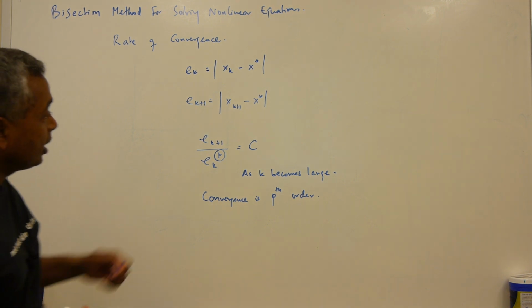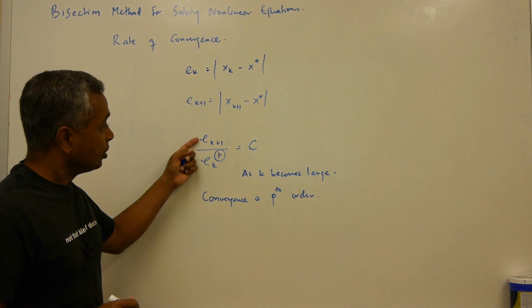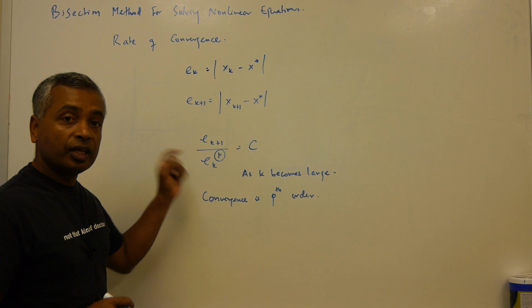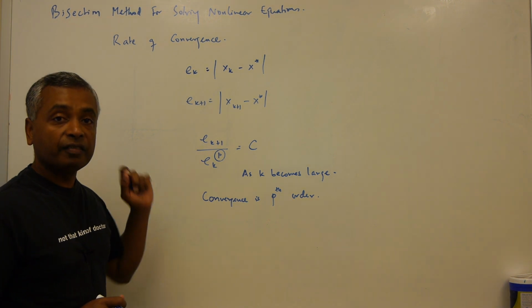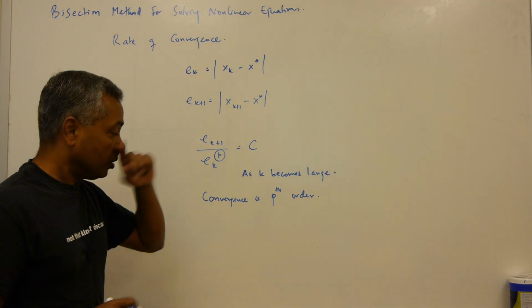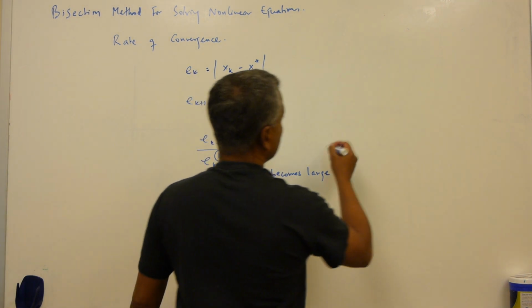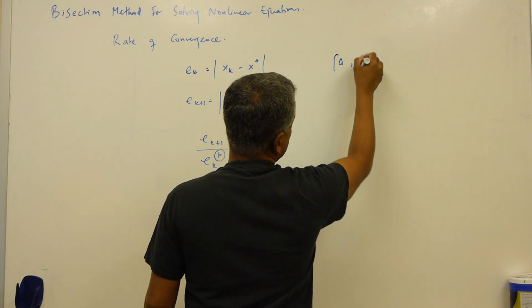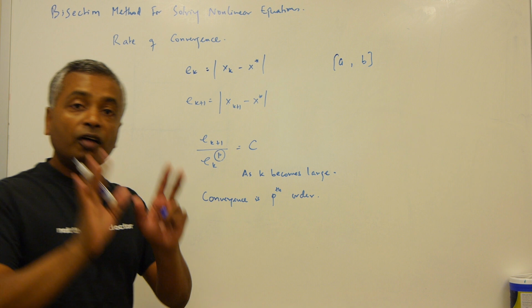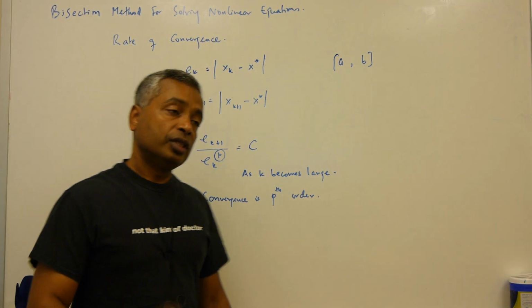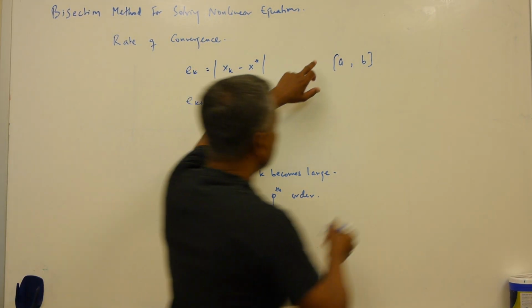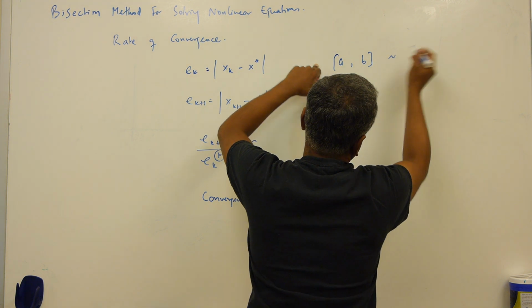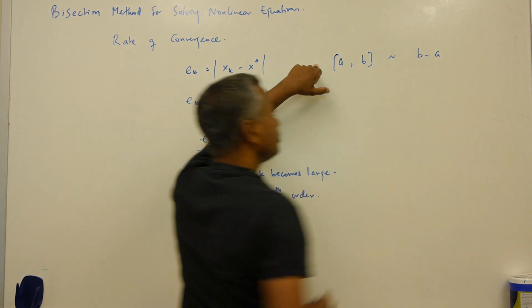You know that if you go to the next iteration, the error comes down by a factor of 2. Remember, initially in the worst case I had the interval ab. How far could you have been from the solution? The farthest you could have been is approximately b minus a.